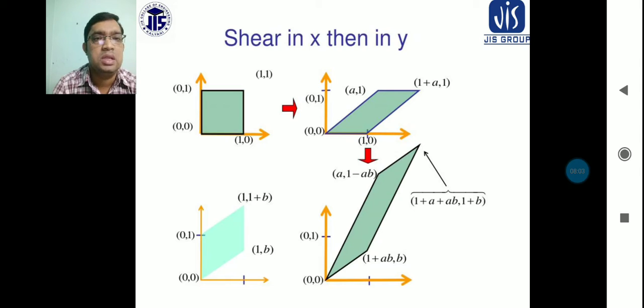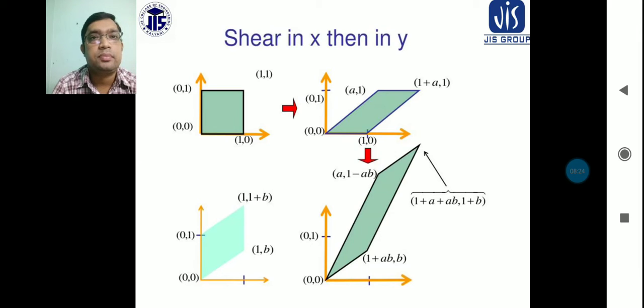These are the coordinates, and using these coordinates the square is given the shear, with the corner at 1 1. That means the horizontal component is 1 and the vertical component is 1, but the origin is 0 0.